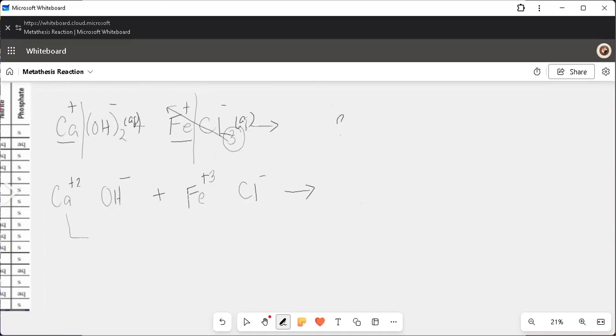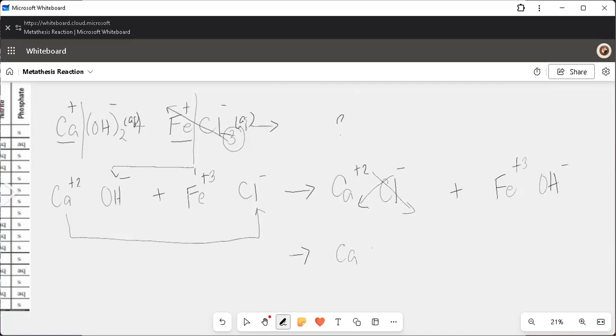So, calcium will go to chlorine and iron will go to hydroxide. So you have Ca plus 2, Cl negative 1, plus Fe plus 3, and OH negative 1. So you create now the final. Do the crisscross.